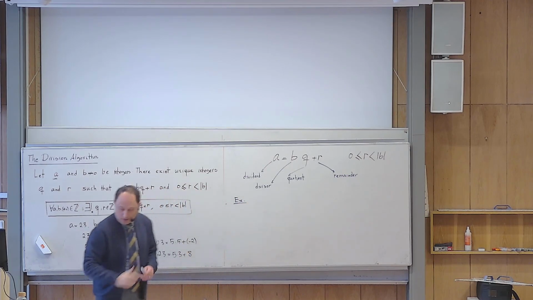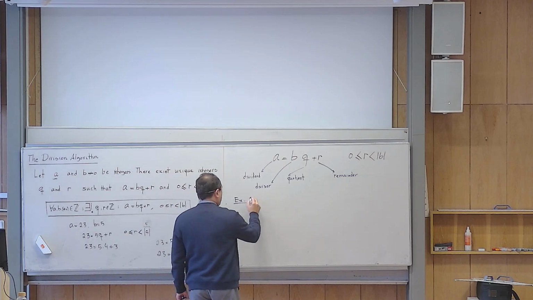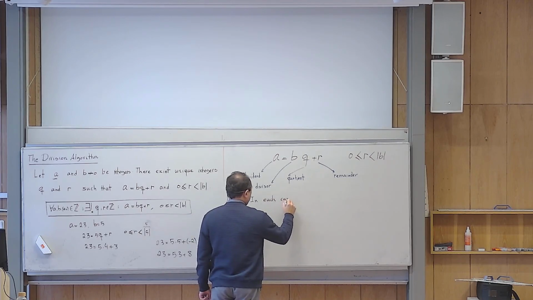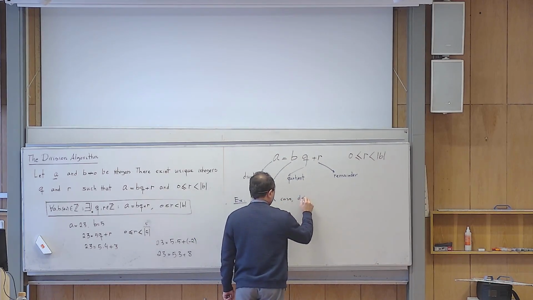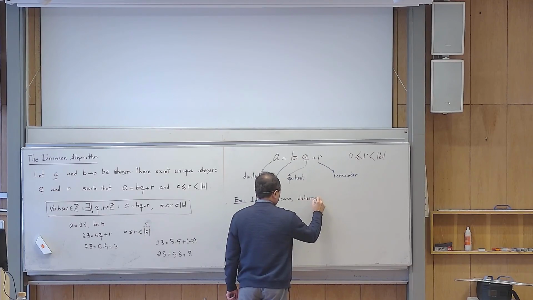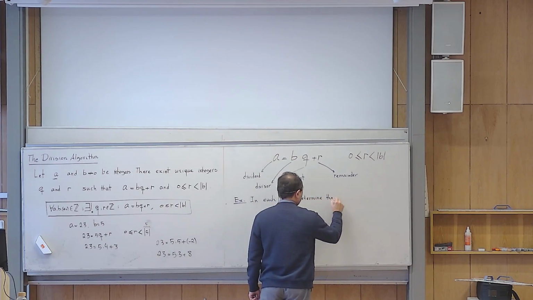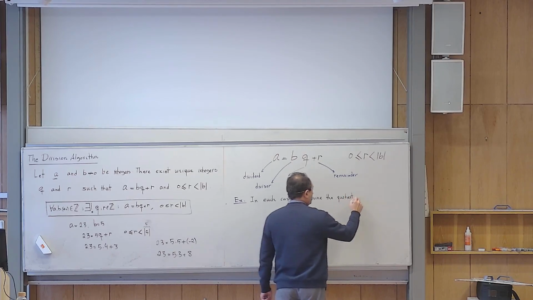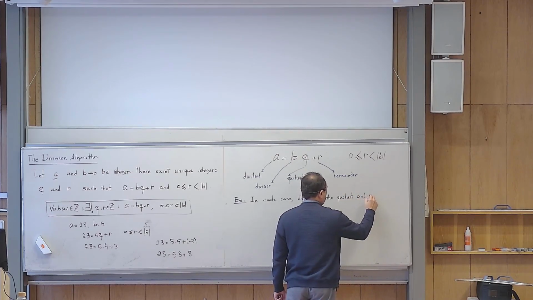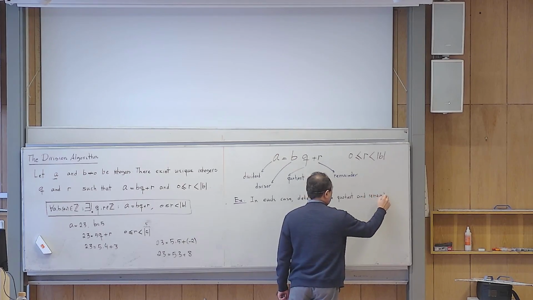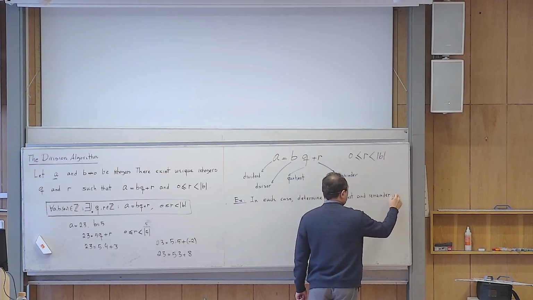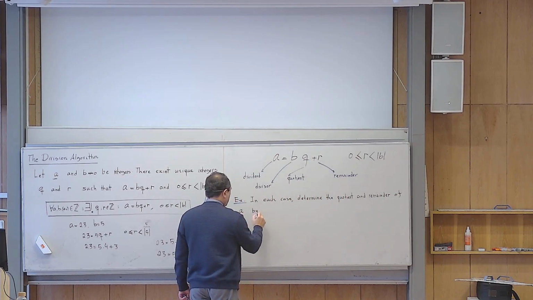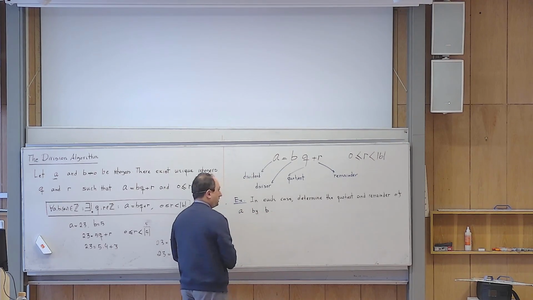So in each case, determine the quotient and remainder of A by B. Okay, so I'll write some of them.